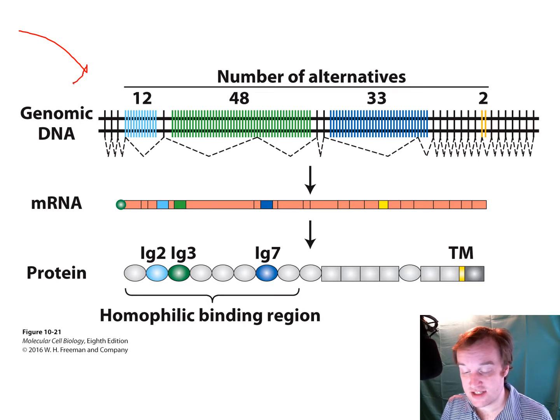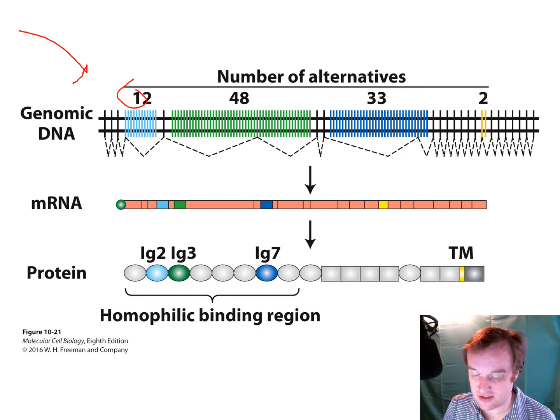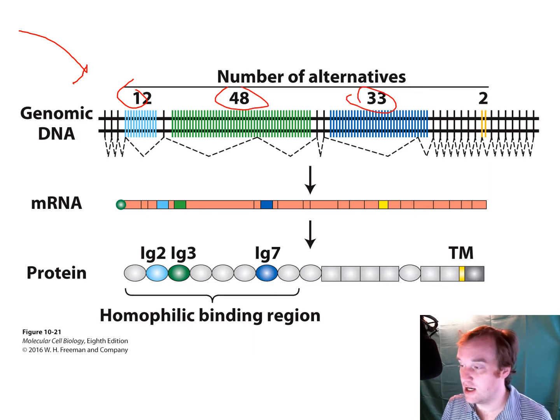As you can see, the different combinations of all these different exons, we classify into groups. We have this group of 12, this group of 48, and this group of 33 that can be combined in different combinations to make these different isoforms.